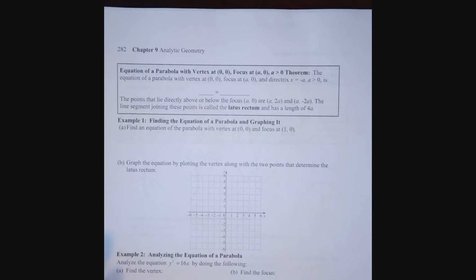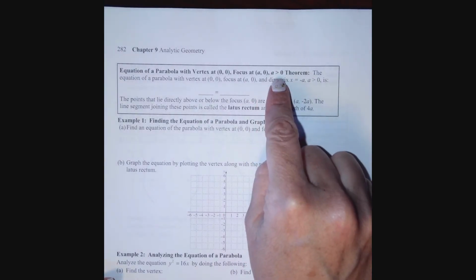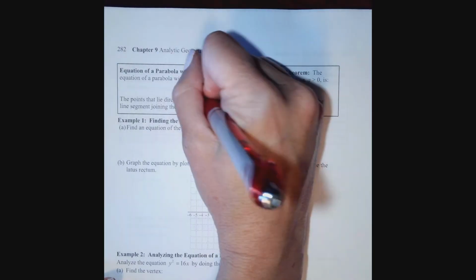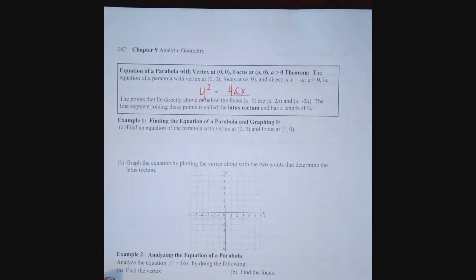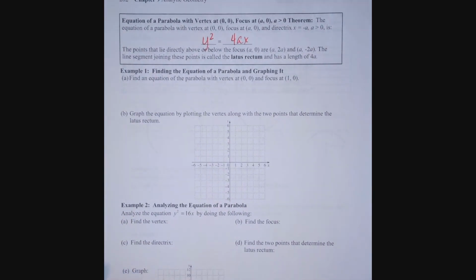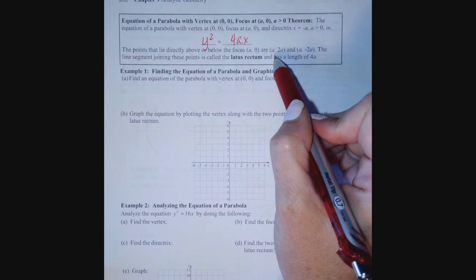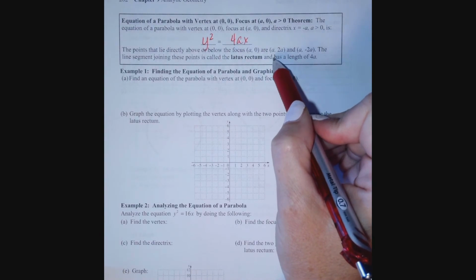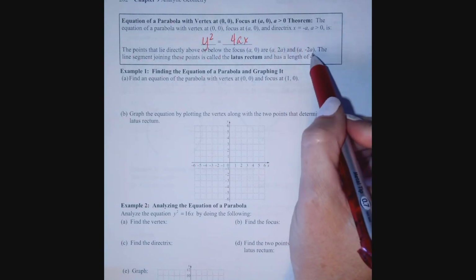The equation of a parabola with vertex at the origin has a focus at (a, 0), where a is positive. That equation for the parabola is going to be y squared equals 4ax. Now here's where we start getting into some more new terms and new definitions. We have a focus that is a units from 0, and then we have 2 points on the parabola that are at (a, 2a) and (a, negative 2a).